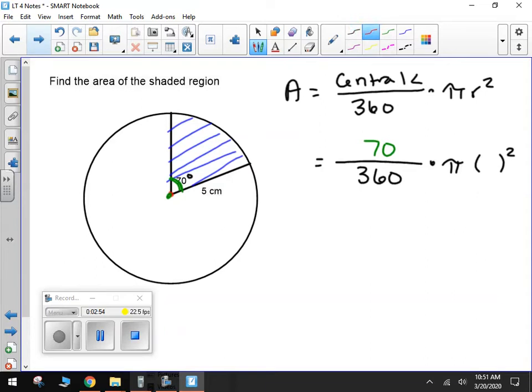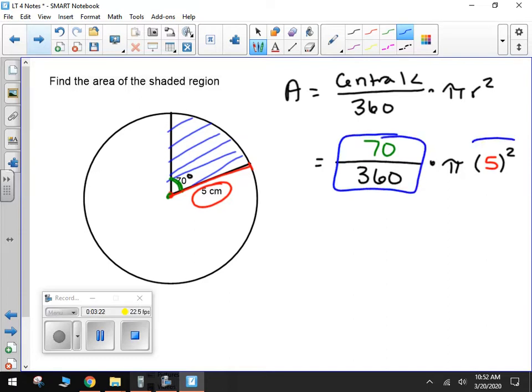Remember, radius goes from the center to the edge of the circle. And remember, we are not typing in pi, and we're also not going to put a decimal at all in this answer. Previously, in our other lessons, we could put decimals down because there was no pi in the formula. Okay? In this formula, there's pi, so I need to do improper fractions. No decimals as answers.